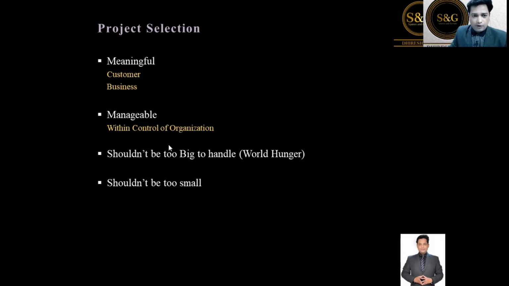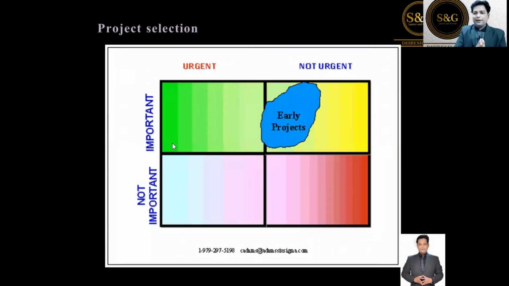This is a very important graph for us to understand. This is the important and urgent matrix. Project selection: important and urgent matrix. On the y-axis is the important axis. On the x-axis is the urgent axis. You should always select the project which is important, and not very urgent, not super urgent.